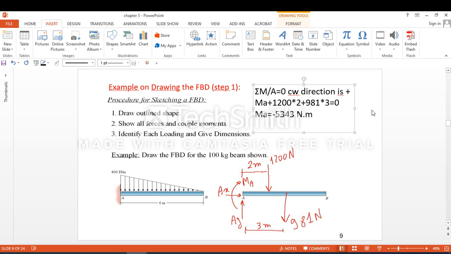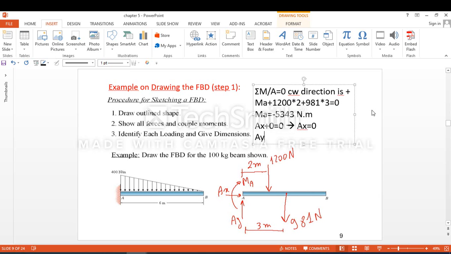Now, in order to find AX and AY, I should find the sum of Fx and the sum of Fy. I know that AX plus 0 is equal to 0 because I don't have any horizontal force, and this implies that AX is equal to 0.